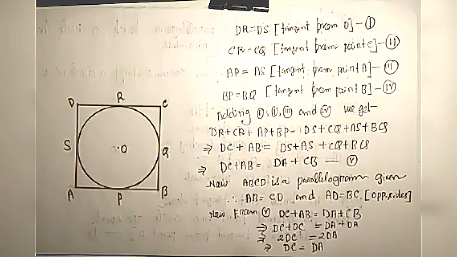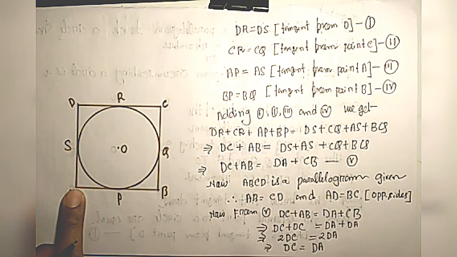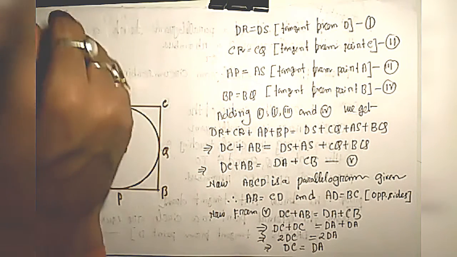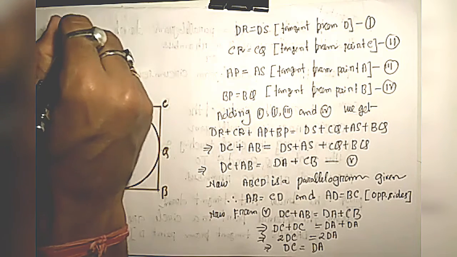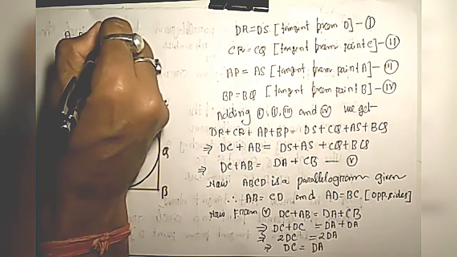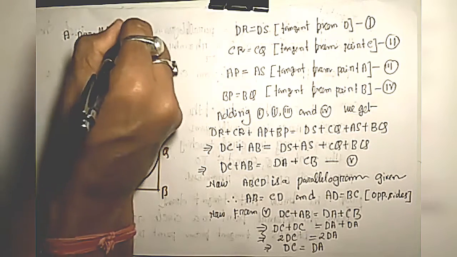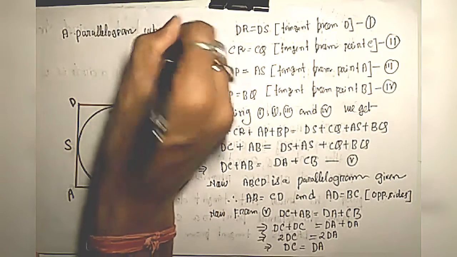So what is the last step? DC equals DA. That means in this parallelogram the adjacent sides are equal. And we know that if the adjacent sides of a parallelogram are equal, it becomes a rhombus.